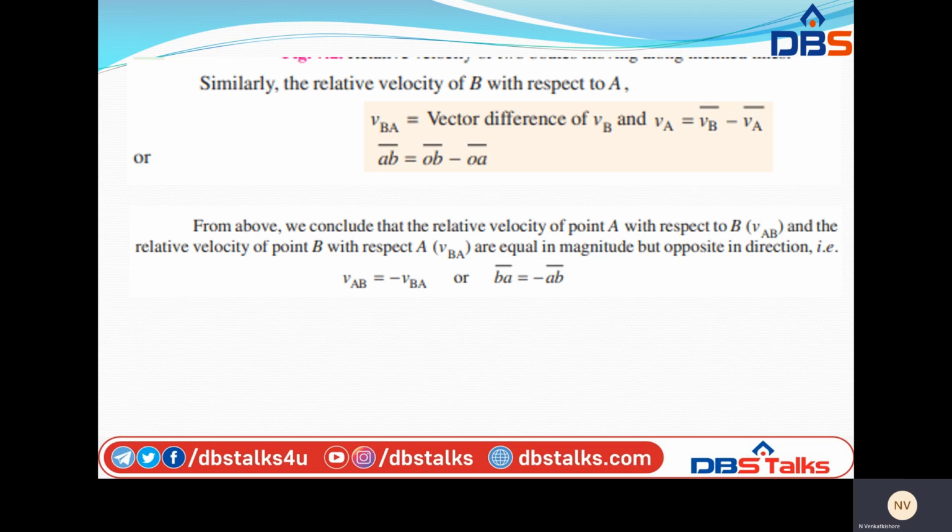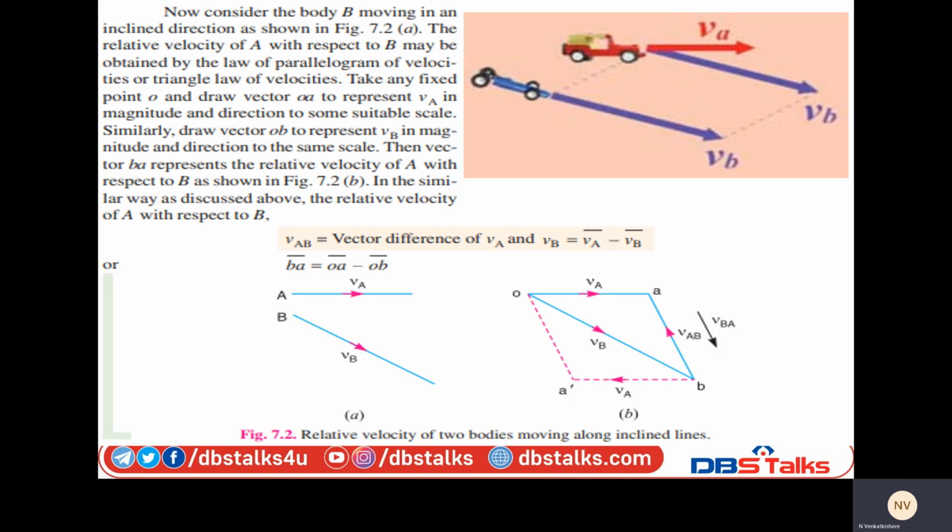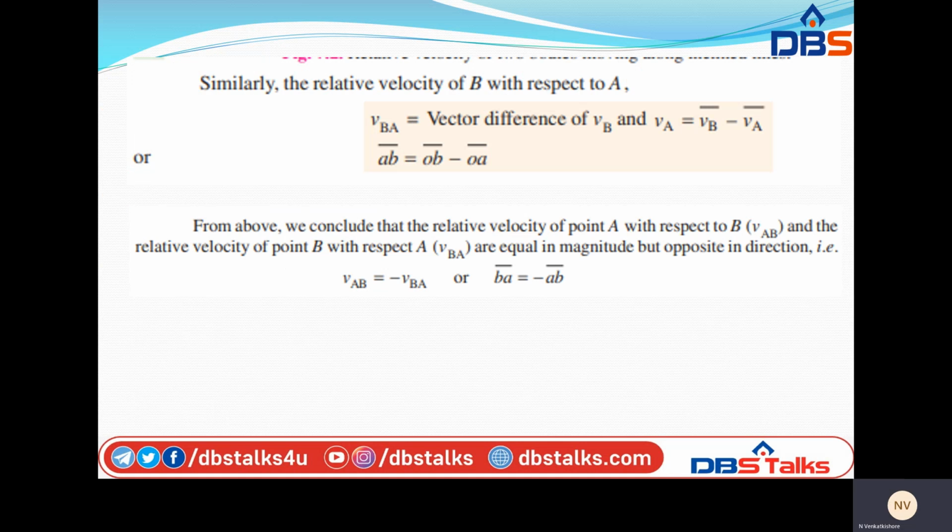VBA is equal to the vector difference of VB and VA, so VB bar minus VA bar. In terms of OA and OB, what is the formula? AB bar is equal to OB bar minus OA bar.